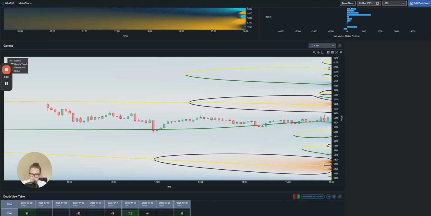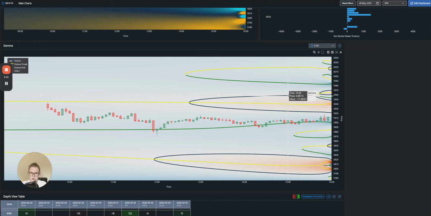So this is our gamma heat map from, I think, the 29th of May. Here we can see we have our strikes along the vertical and we have our time along the horizontal axis down here at the bottom, and the colors on this chart just represent gamma exposure.